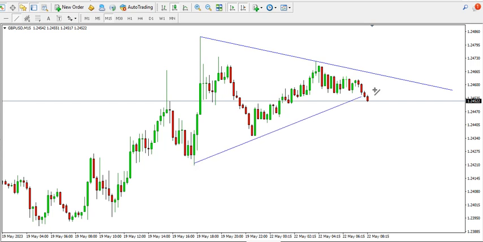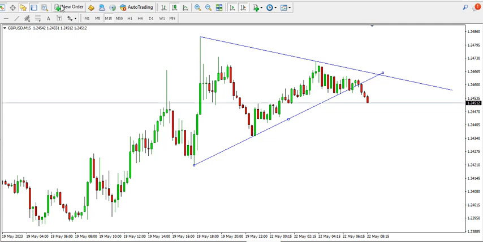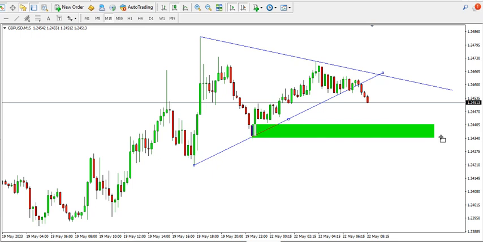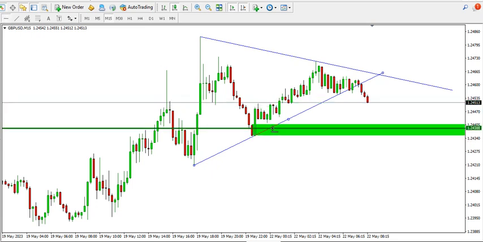But let's see. I think we are currently seeing a range breakout to the downside. So you might want to join the sellers in selling to this level, to the 1.24388 level.